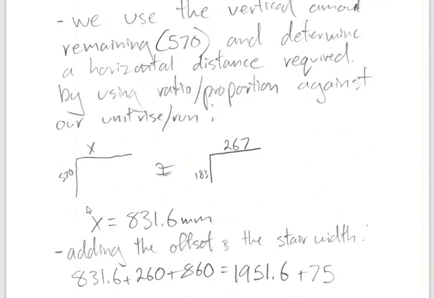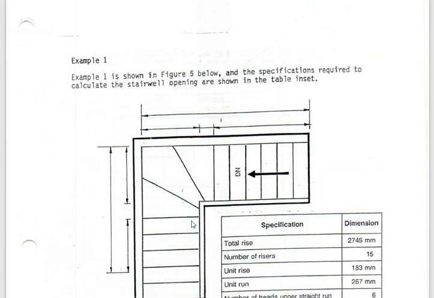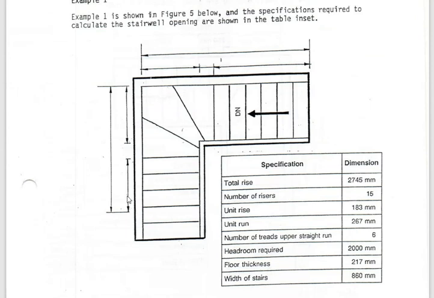Okay, and then all we need to do, now that we have a horizontal distance, is add the offset and the stair width to that. So we just determined this horizontal distance, and we're just going to add the width of stairs and the offset to that, and then we get that stairwell open.